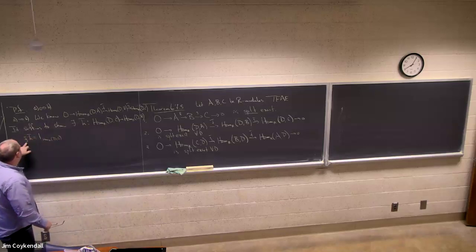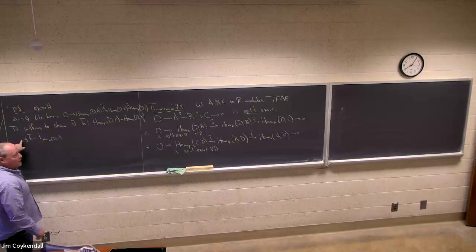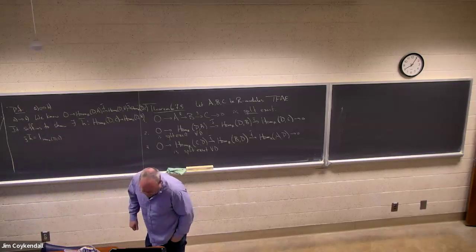Because this composition is the identity, that means in particular the G bar is onto and H bar is a splitting, right? So that's really all we've got to do here.